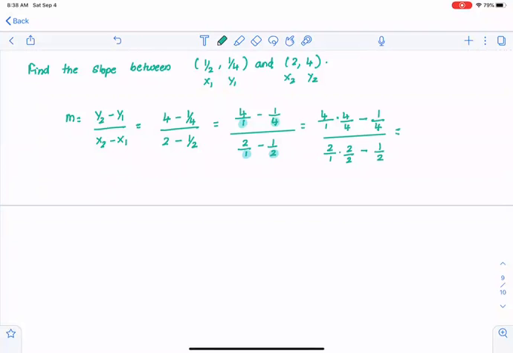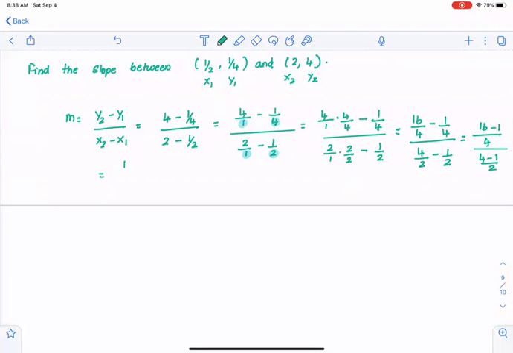So I'll have 4 times 4, which is 16, divided by 4, minus 1 over 4. The entire thing divided by 2 times 2, 4 over 2, minus 1 over 2. Now I have common denominators, so I'm going to combine the numerators. 16 minus 1 over 4, entire thing divided by 4 minus 1 over 2.